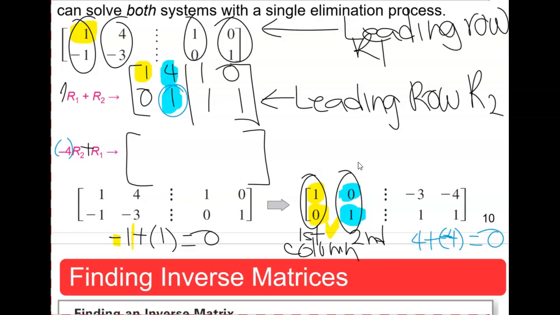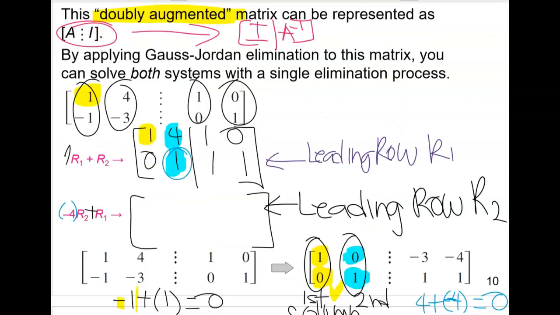Okay, so now, actually, no, I have this wrong. Okay, so I fixed the notation a little bit. So right here, the leading row was R1, because that was the one that we were using to multiply the other by a constant, and also because it had the leading one right here.